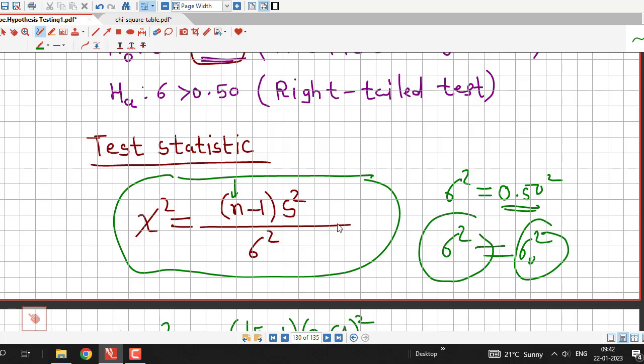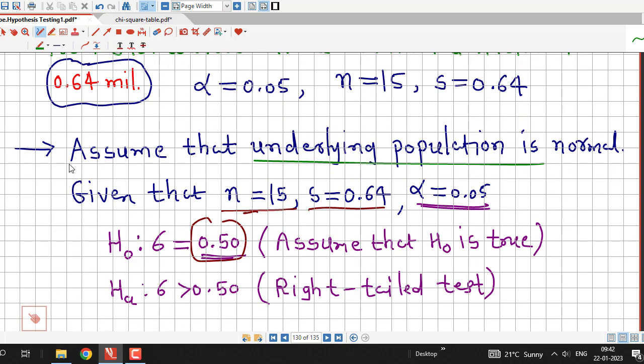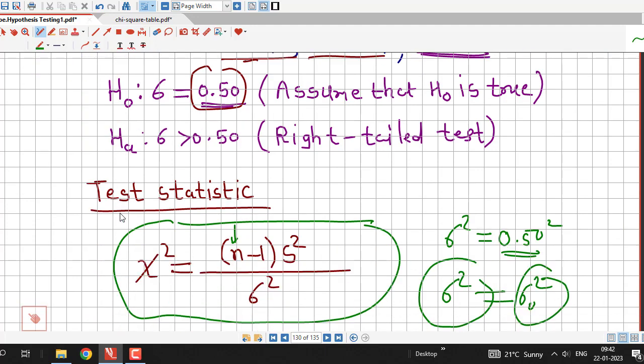So we take sigma square equal to 0.50 square, and one thing you must note that if it is not given in the problem that population is normal, you have to assume that underlying population is normal, because if underlying population is normal, then only we can say that this chi-square distribution is there.